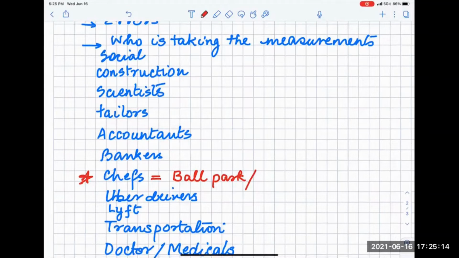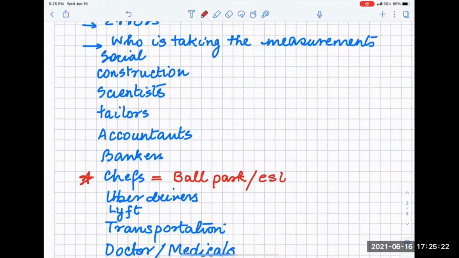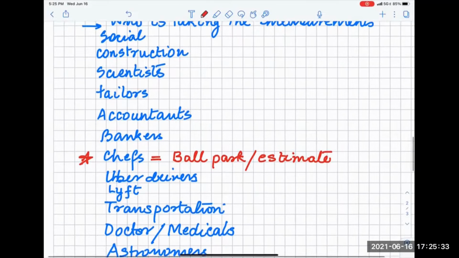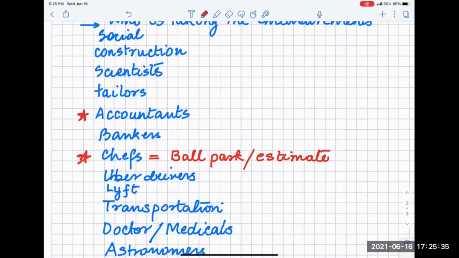So for them, the level of uncertainty is very flexible. When you estimate, you are bringing in some level of uncertainty and some level of error also, right? But think about these people who are accountants. I mean, come on, accountants, can you deal with uncertainty there? No, that's a problem.